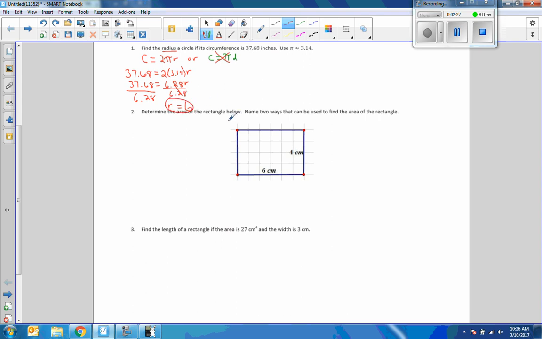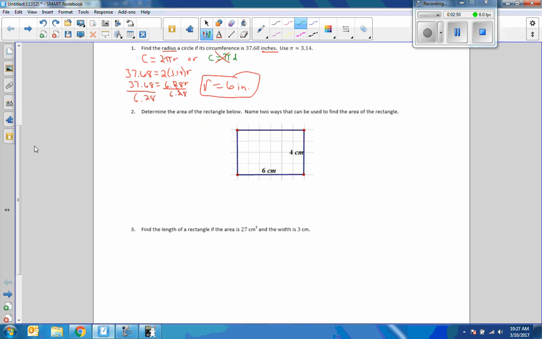So there's our answer. Let me just move that up a little bit. I'll put it over here. And there's one thing I'm missing, and that is your unit of measure. So let's just write that. So the radius equals 6 inches.